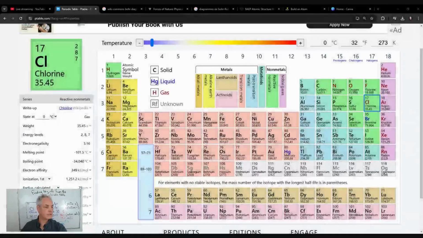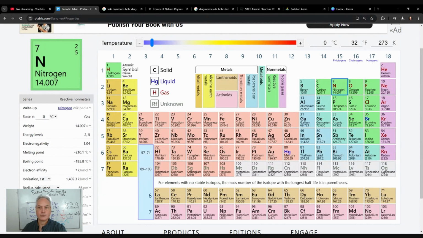If I go to the periodic table and take, for example, nitrogen, nitrogen here has an atomic mass of 14.007. So most of the atoms of nitrogen have close to 7 neutrons.